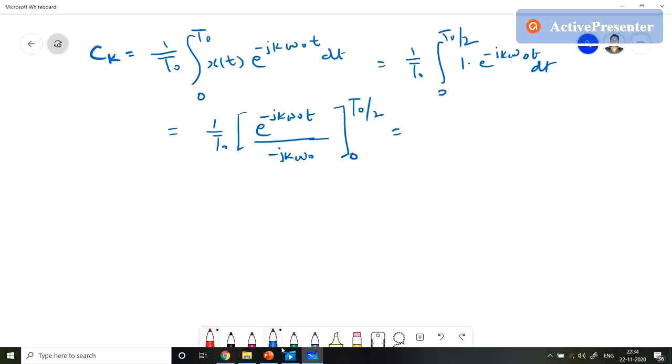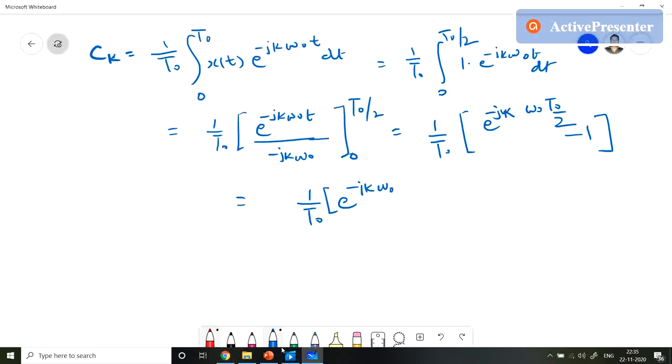So what we will get here? We will get 1 divided by T naught, e raised to the power minus jk omega naught, instead of t we are putting T naught by 2, and at the lower limit we will get 1. So it is equal to 1 divided by T naught, e raised to the power minus jk omega naught T naught by 2 minus 1.